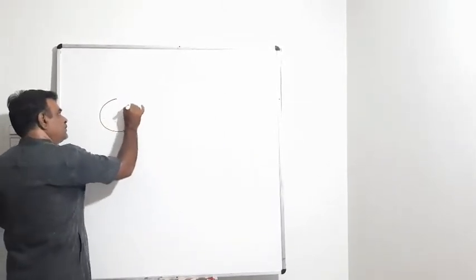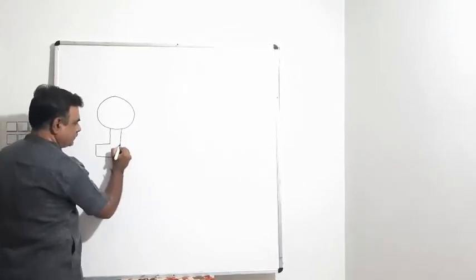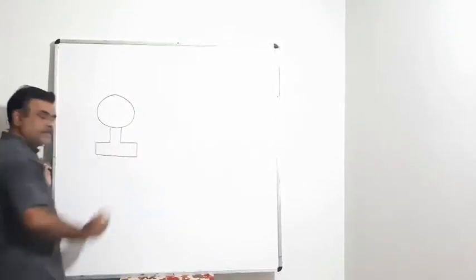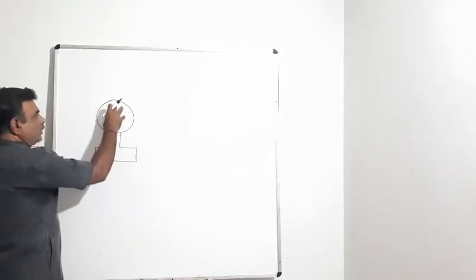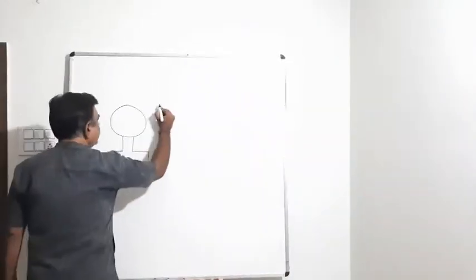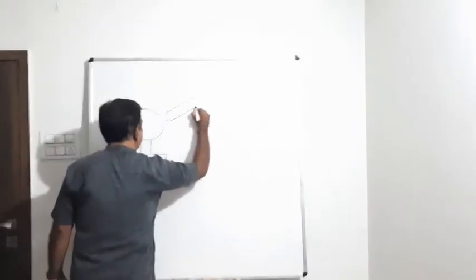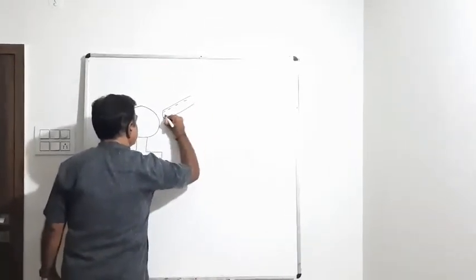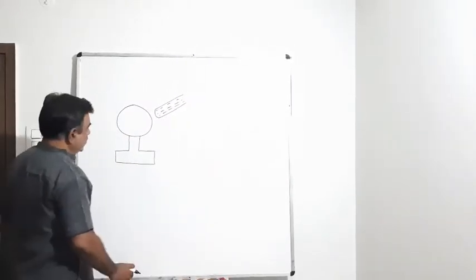consider this sphere kept on some insulated base. The sphere is electrically neutral, which means it has equal amounts of positive and negative charge. Now, if you bring a negatively charged rod near the sphere, what happens?